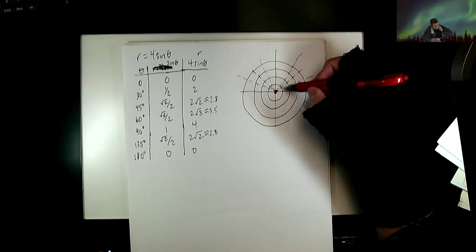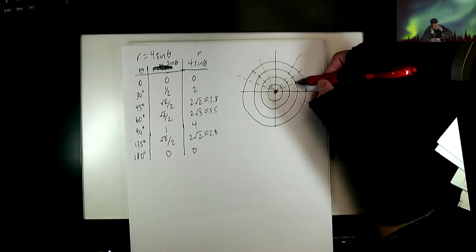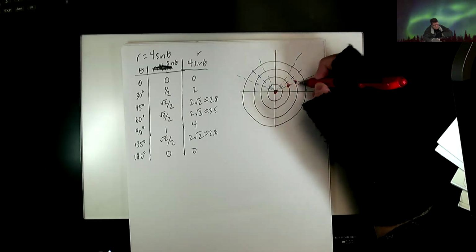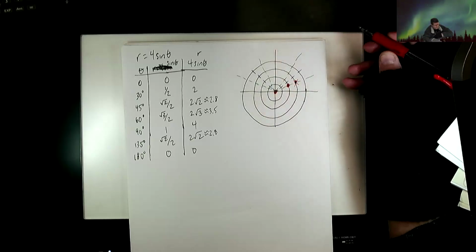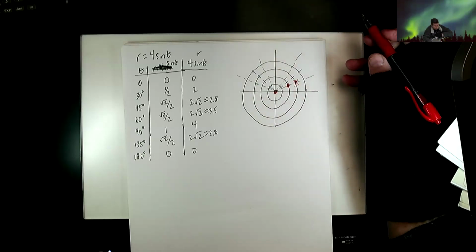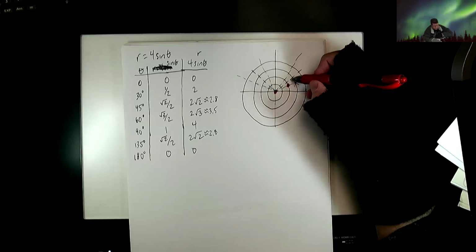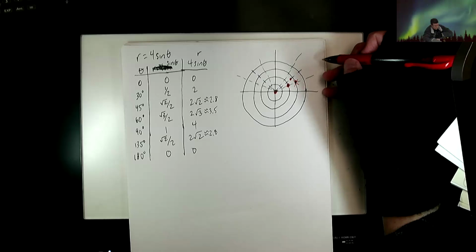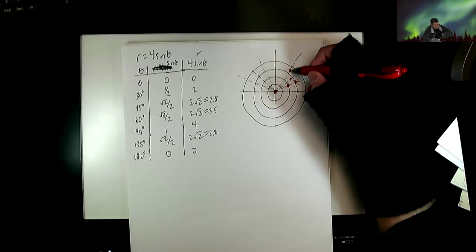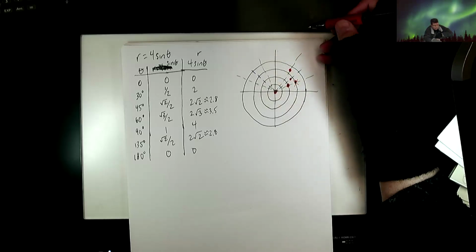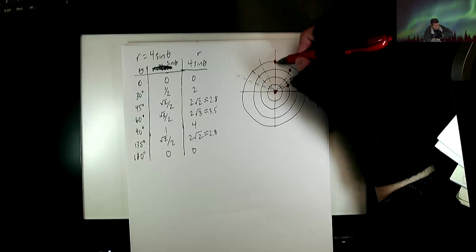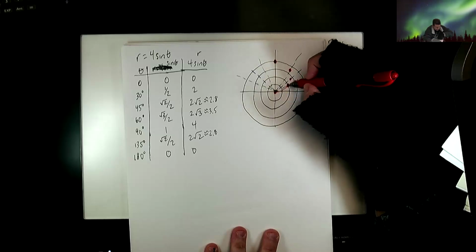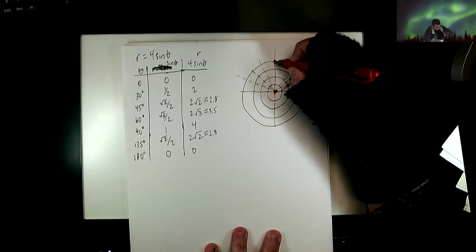When I go 30 degrees, I'm going out to 2. 45 is about 2.8. 60 is about 3.5. And 90 degrees is 4. So it looks like it's going like this, and make a nice little curve.